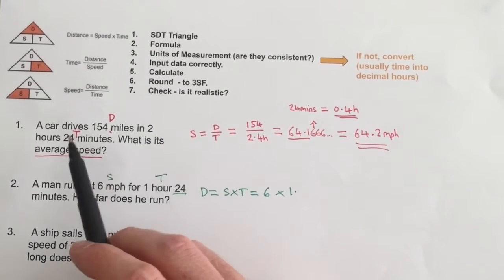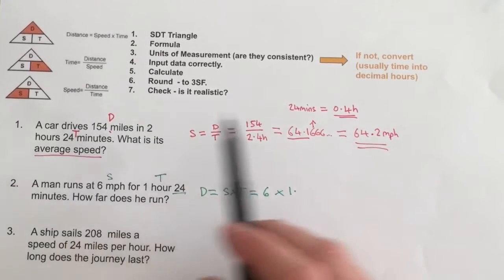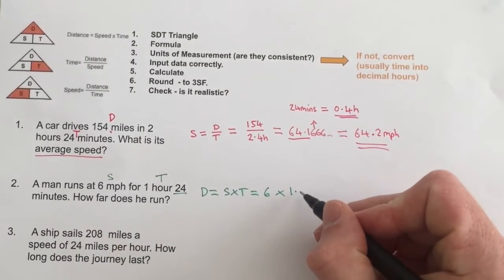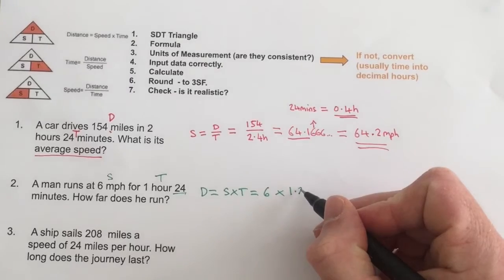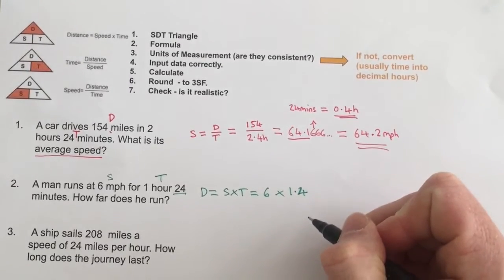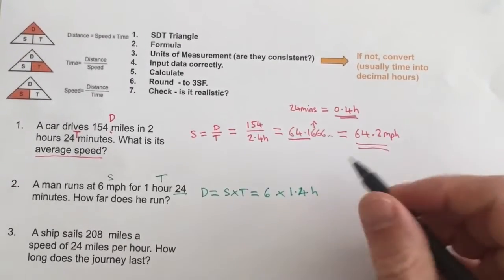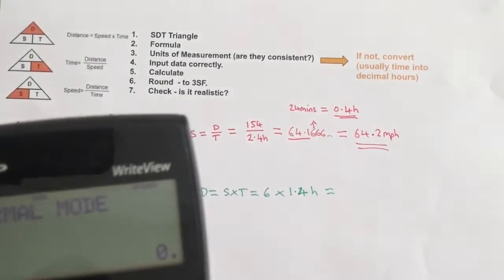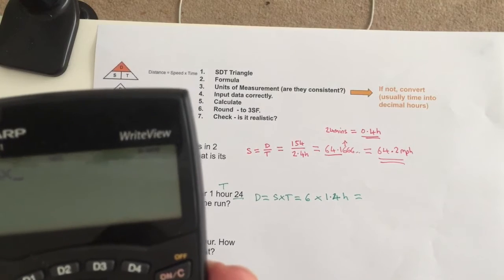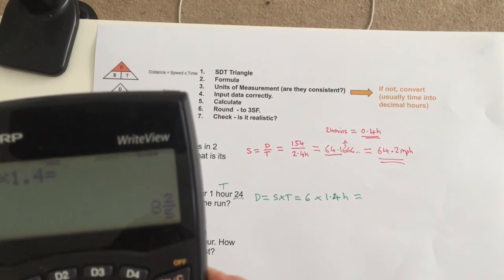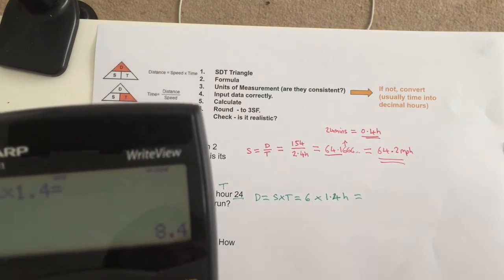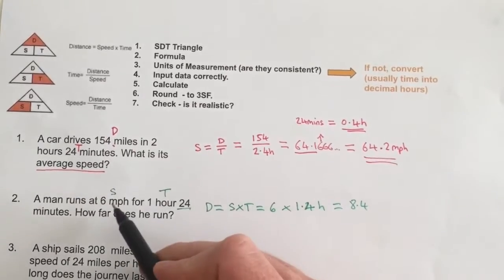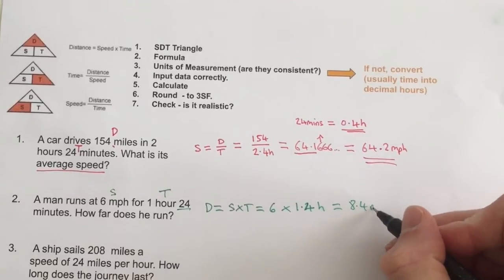The 24 minutes is the same as up here, so it's going to be the same conversion. 24 minutes is 0.4 hours, so 1 hour, 24 minutes is going to be 1.4. I nearly put 2.4 there. 1.4 hours. Do the calculation. 6 times 1.4. You might be able to do that in your head. 6 times 1.4 equals 8.4. What's the distance? Well, it's miles per hour, so it's going to be in miles.